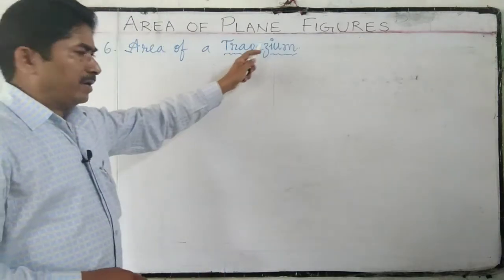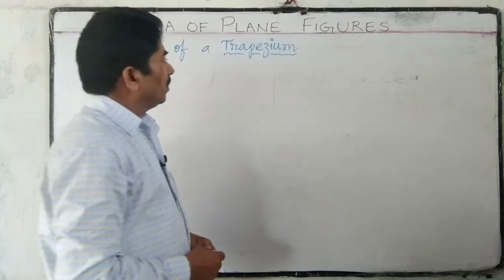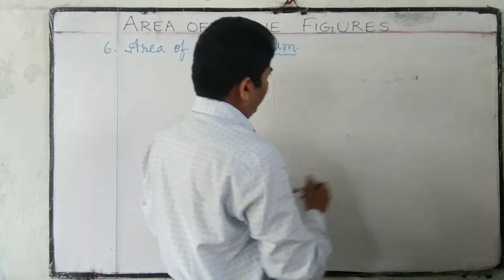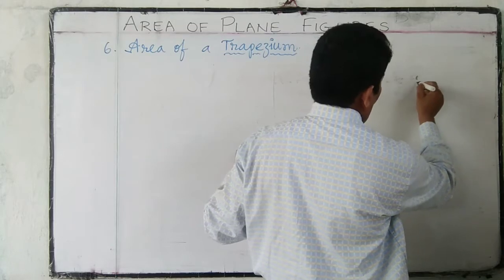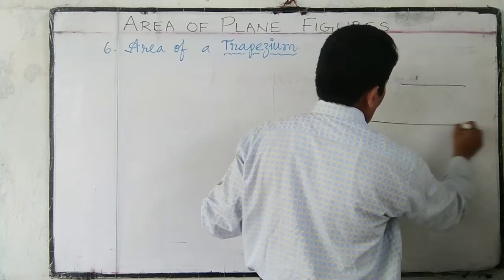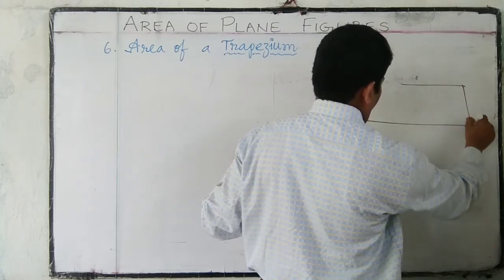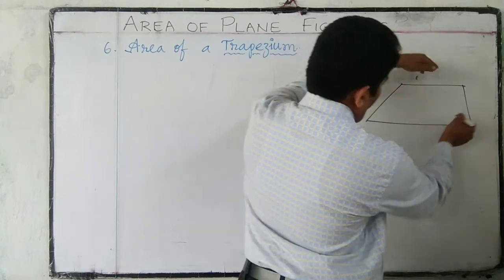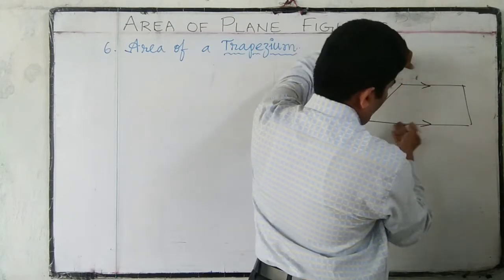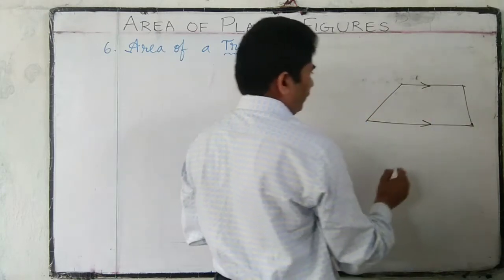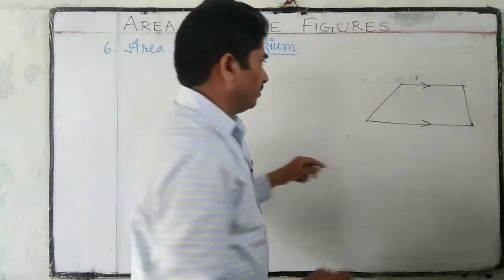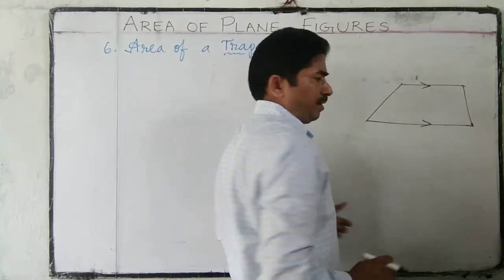Area of a trapezium. To understand area of trapezium, first we have to draw a trapezium. In a quadrilateral, if one pair of opposite sides are parallel, then it is called a trapezium. This is an example for trapezium.